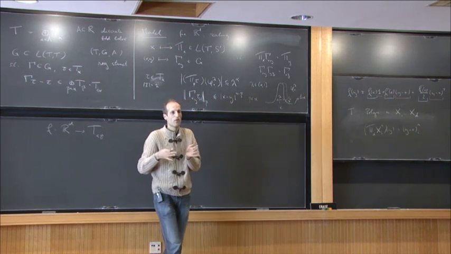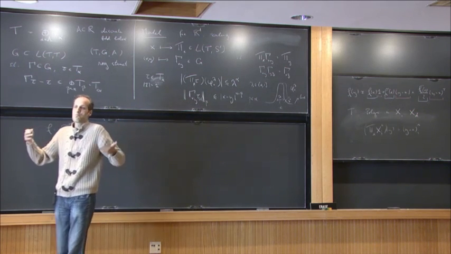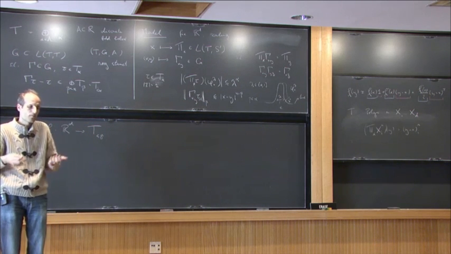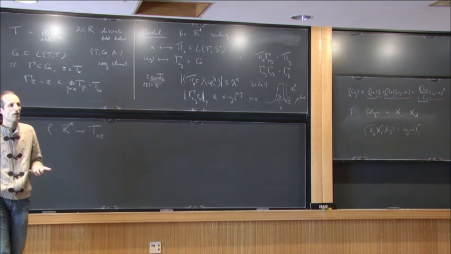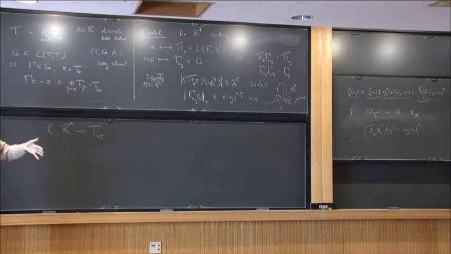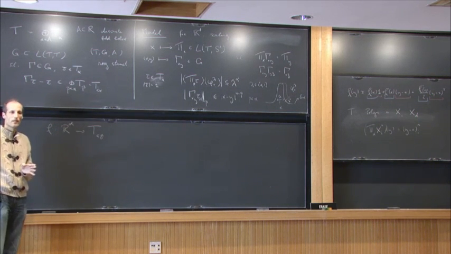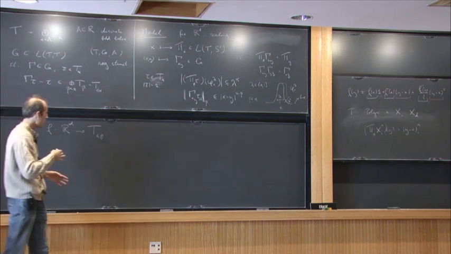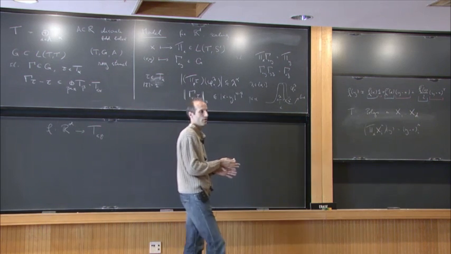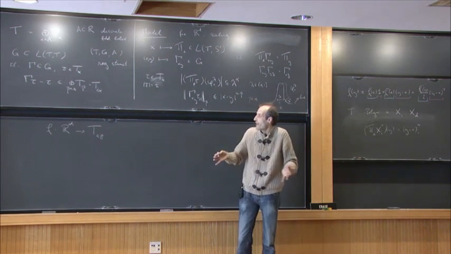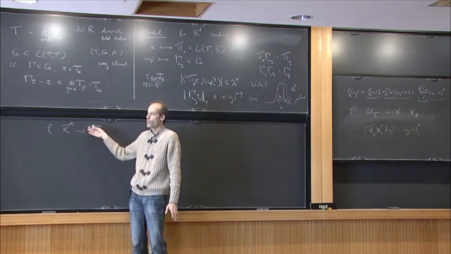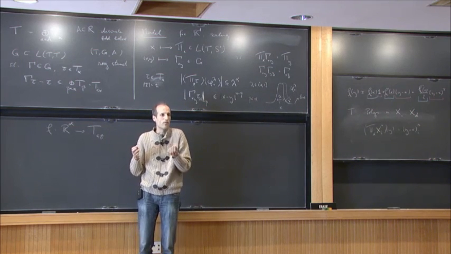So what would be the condition which guarantees, or which makes it plausible, that there really exists an actual function or an actual distribution which looks like this at every point? The natural condition is that this doesn't change too much when you move the point.